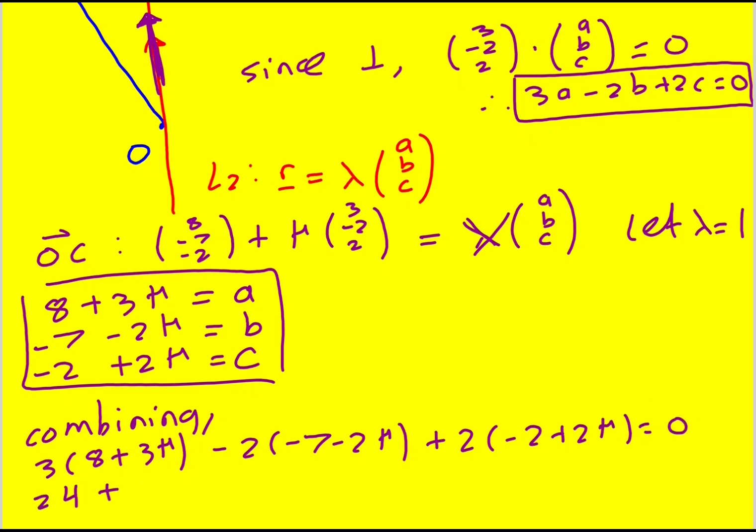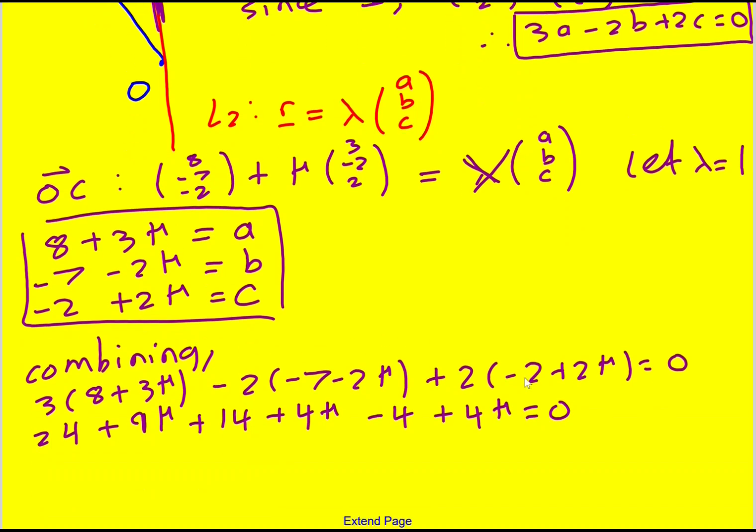So 24 plus 9 mu plus 14 plus 4 mu minus 4 plus 4 mu is equal to 0. And that gives me 17 mu plus 34 is equal to 0. So this is minus 34. Therefore, mu is equal to minus 2.